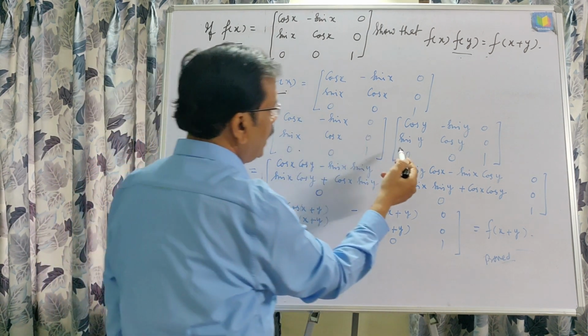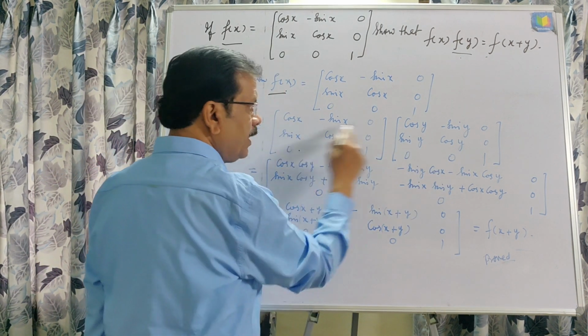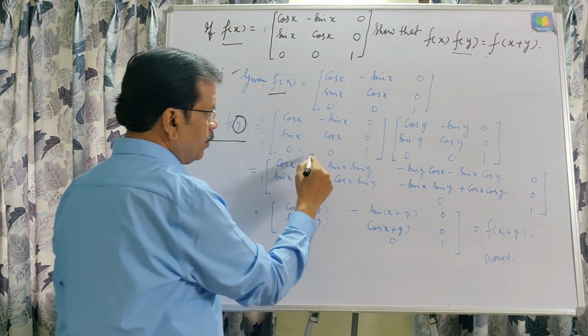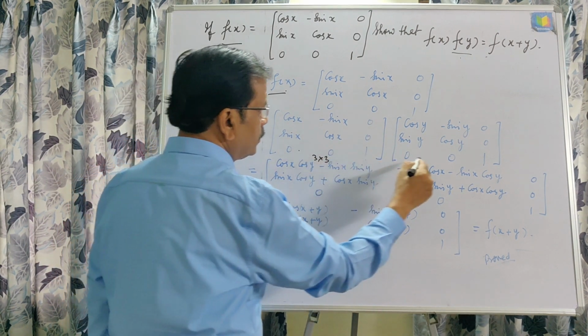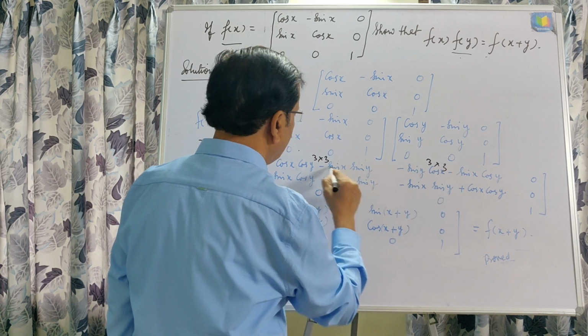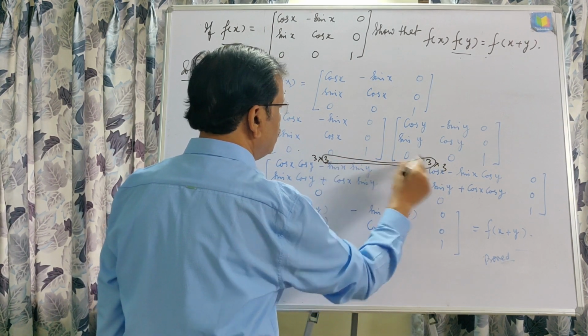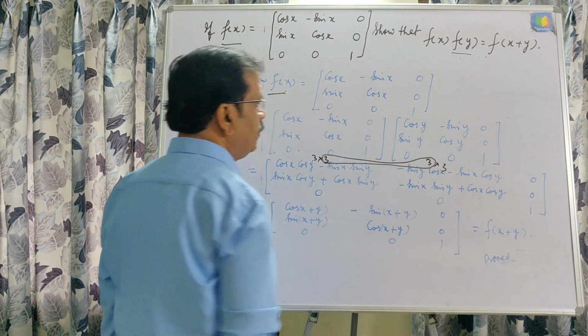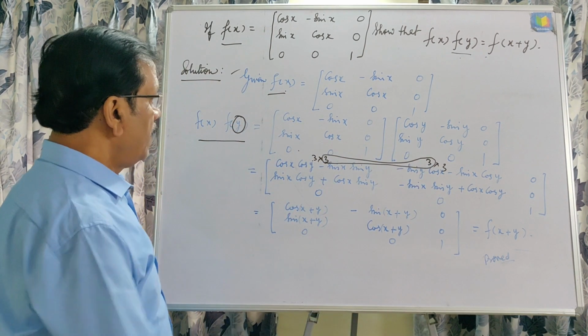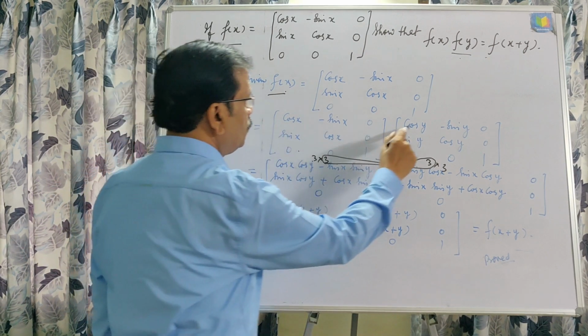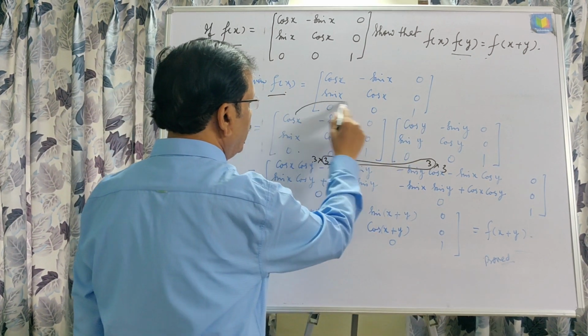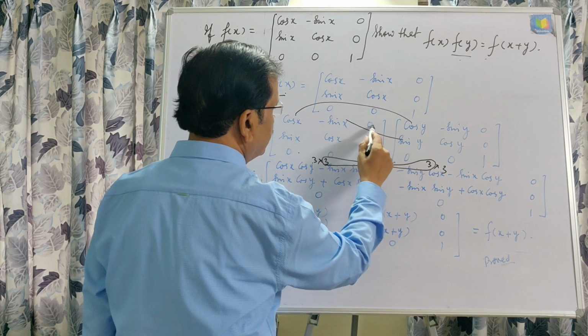And this way, after writing f(x) f(y), we can multiply very easily, because the order is 3 cross 3, this is 3 cross 3, and the number of columns is the same as the number of rows, and so the final one is 3 cross 3. After multiplication, first row, first column, corresponding elements multiplied and added.